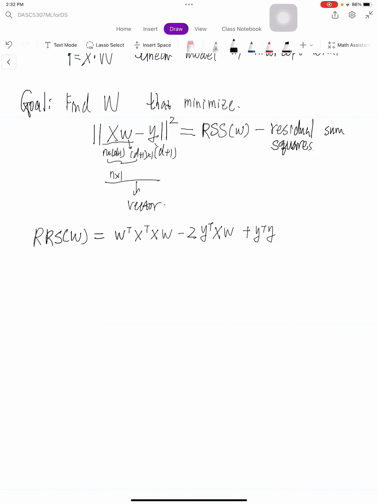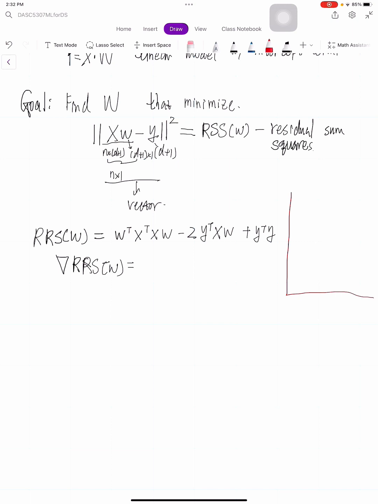Because we are looking for the minimizer, by calculus, we know the minimizer, you just find the derivatives, right? So here we are finding the gradient for the multivariate case with respect to W. By the way, here we're gonna use one formula.